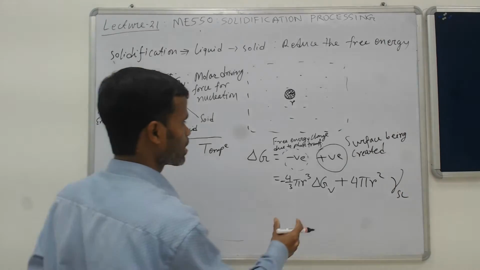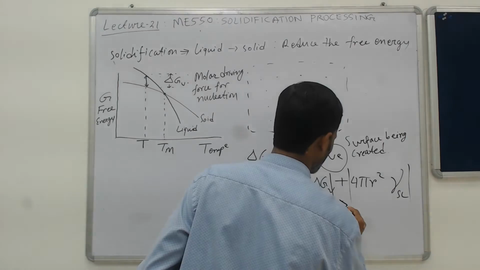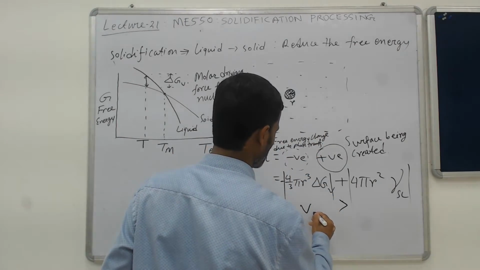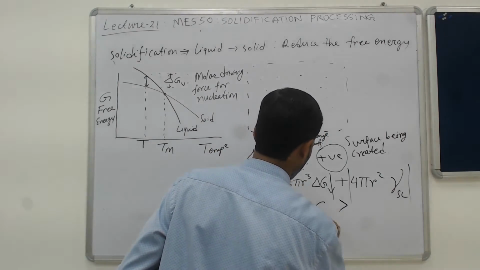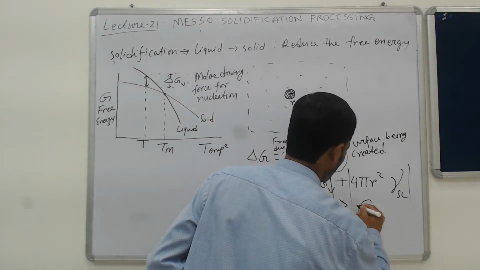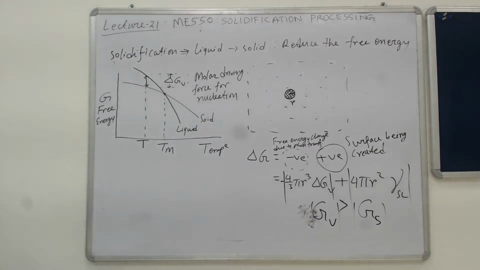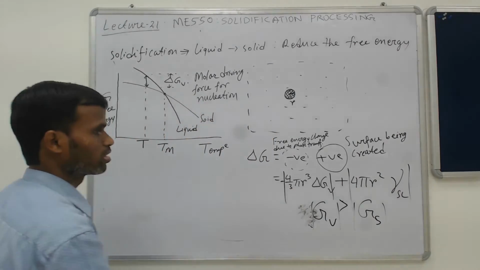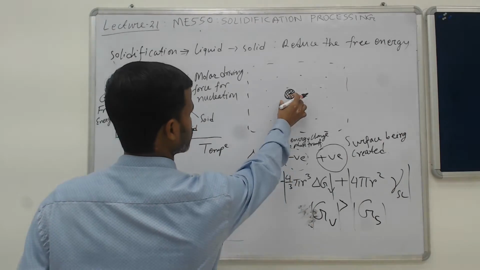Until and unless this volumetric free energy becomes greater than the surface free energy, the solidification will not occur. That means in total delta G has to be negative. Then only the solidification will continue, and the nucleus will grow.